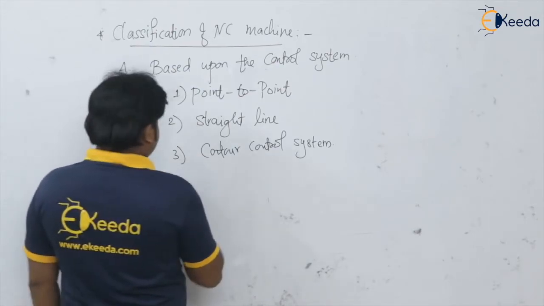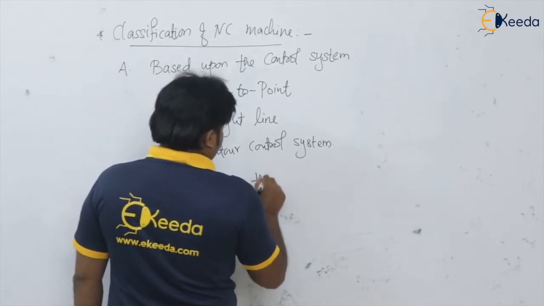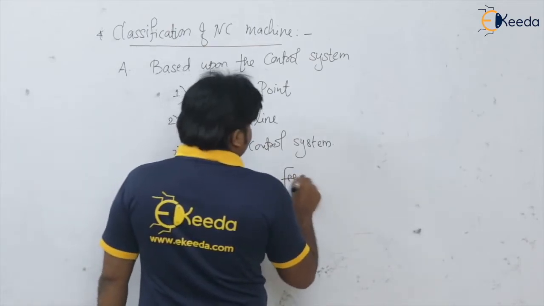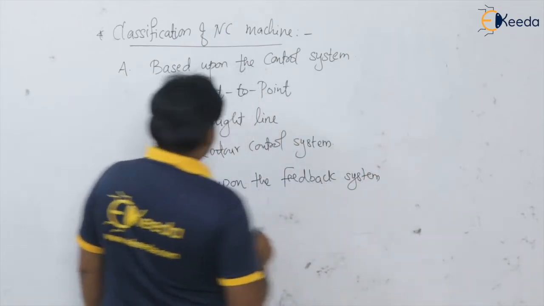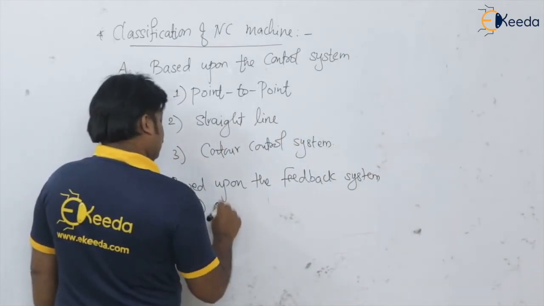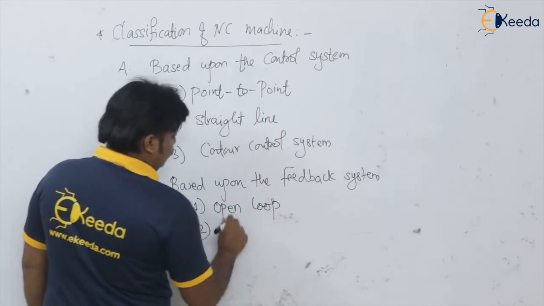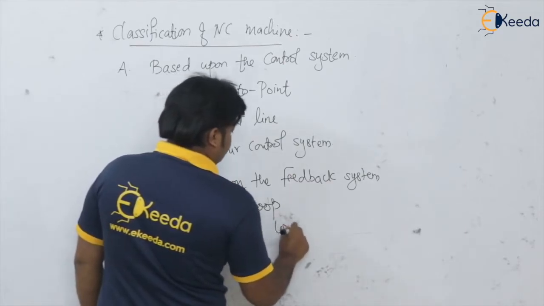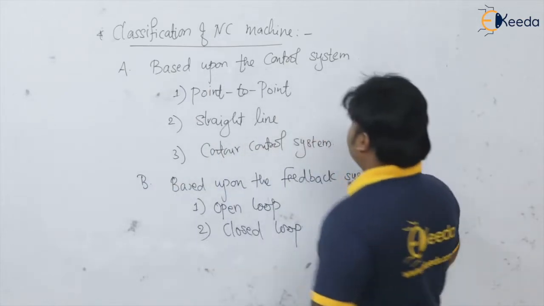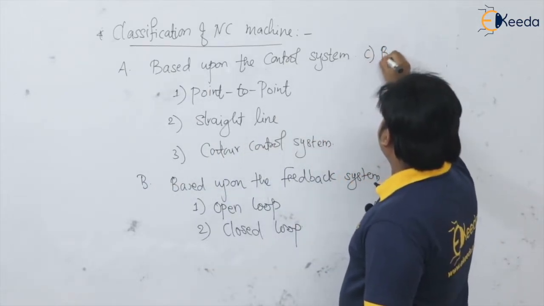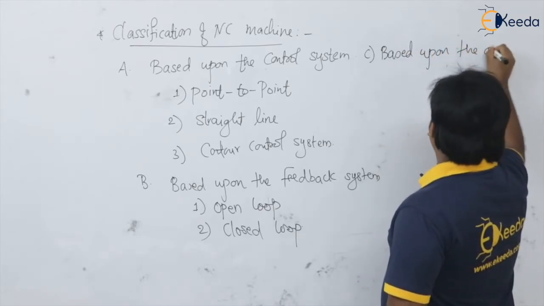In B, we have the classification based upon the feedback system. The feedback system that we know very well, that is open loop system, and second is closed loop system. And the third classification is based upon the axis controlled.